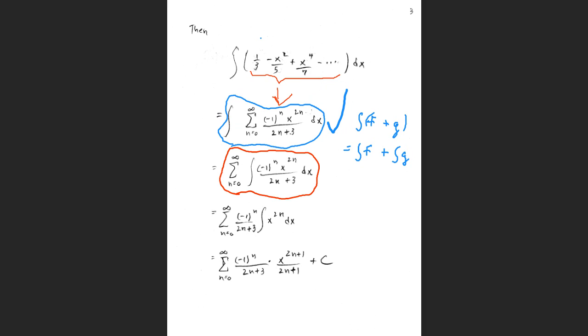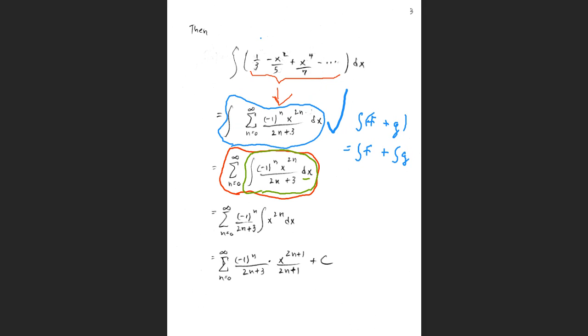And now what you have to do is find the integral of (-1)^n times x^(2n) divided by 2n plus 3.